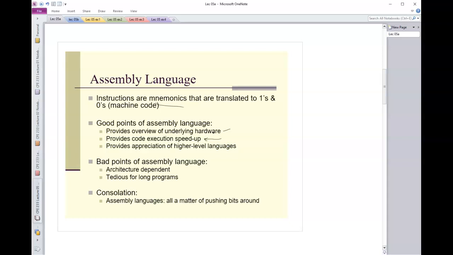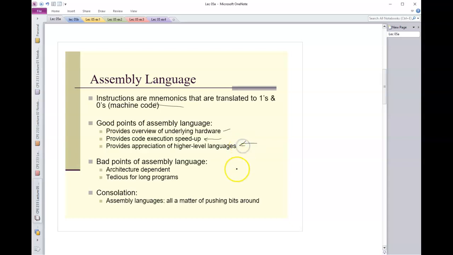Now, a compiler is a program. It's another piece of software that is taking your higher level language and churning out assembly language, and then eventually the assembly language is turned into ones and zeros. Humans can do it better. Good humans who understand the underlying hardware can do it better.